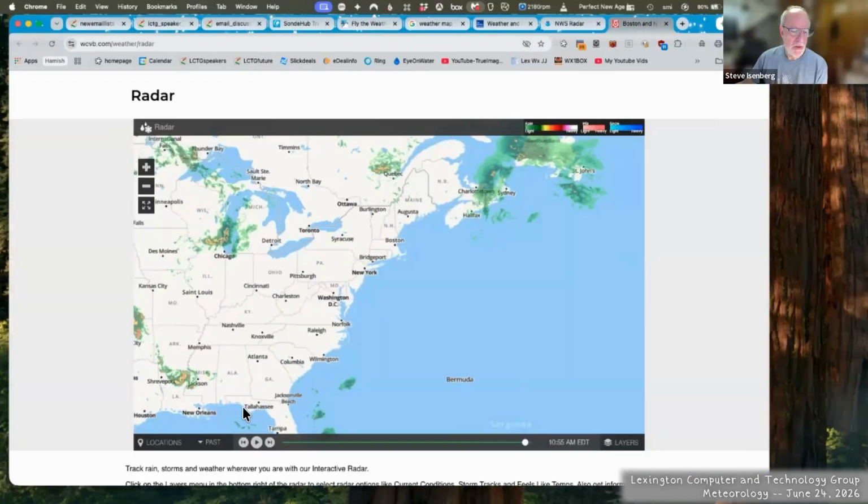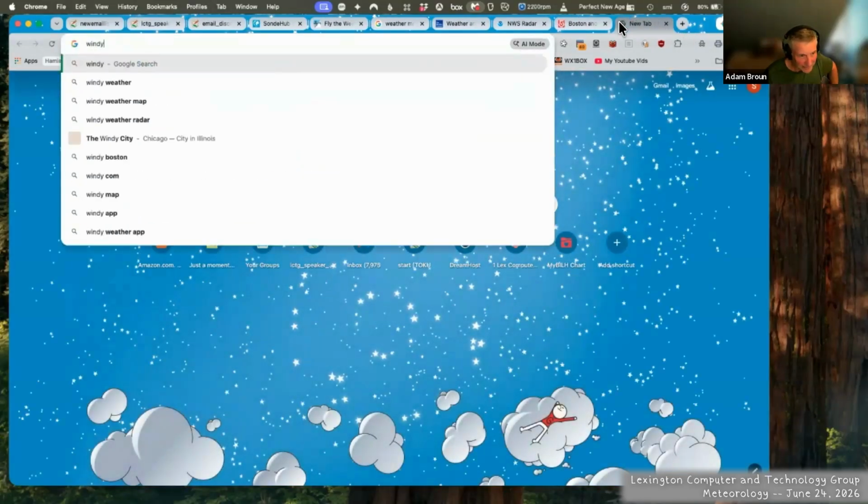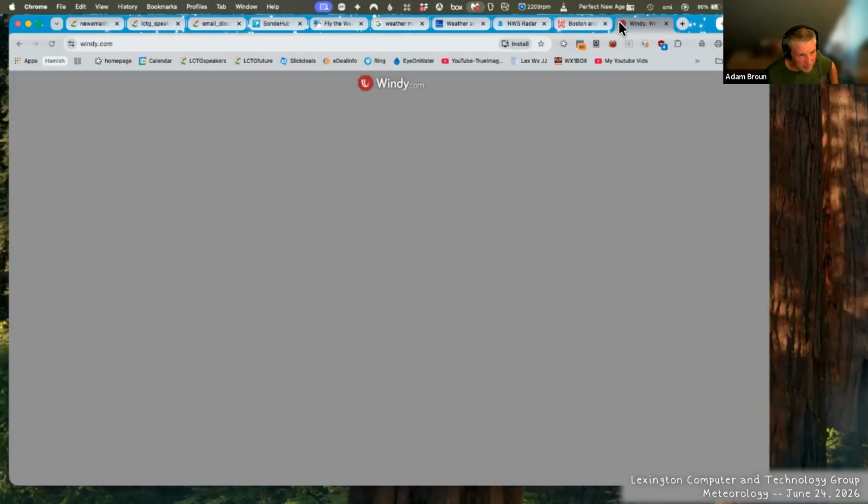And then Boston here has windy.com, which is a great site as well. It has a ton of deeper weather tools, from sort of more accessible, public friendly websites.